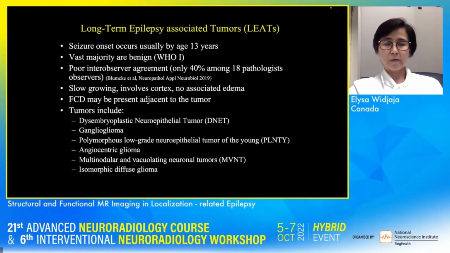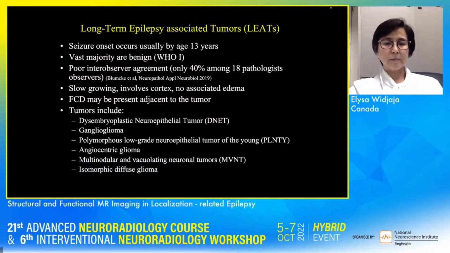So let's move on now to look at long-term epilepsy-associated tumors, also known as LEATs. In LEATs, seizures usually occur by the first decade of life. The vast majority of these lesions are benign and they're considered as WHO grade 1. These lesions are slow-growing and involve the cortex and there's no associated edema.